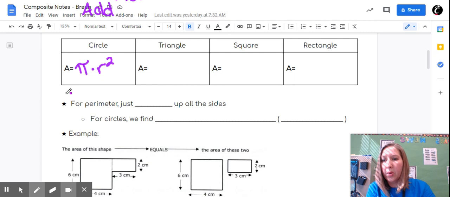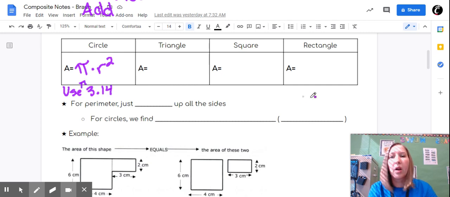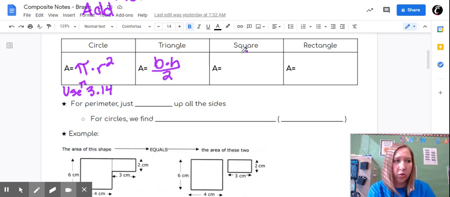And we always want to use 3.14 for pi. The formula for area of a triangle is base times height divided by 2. So the area is base times height divided by 2.